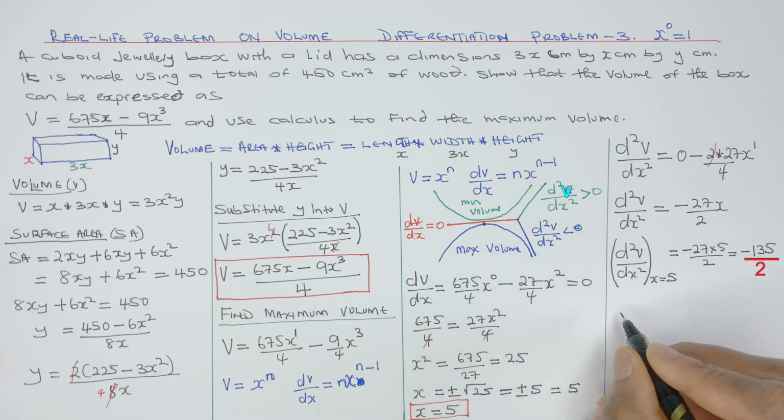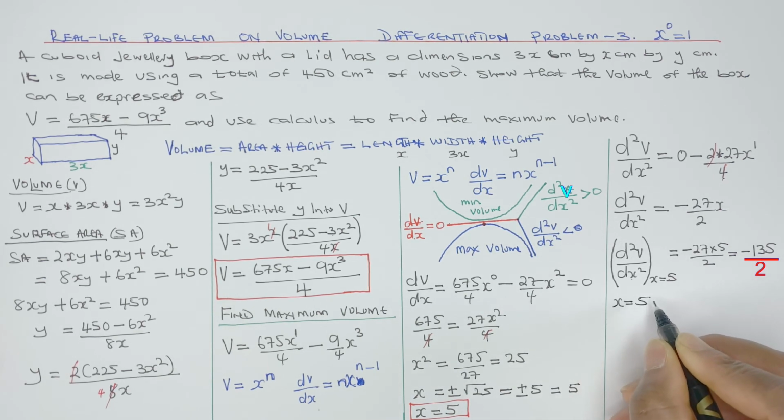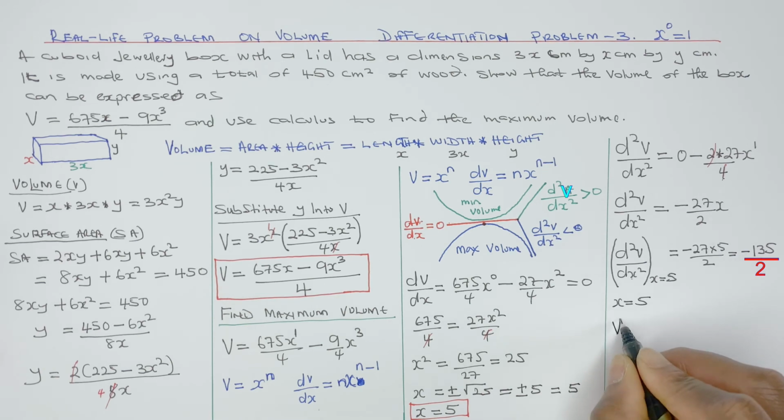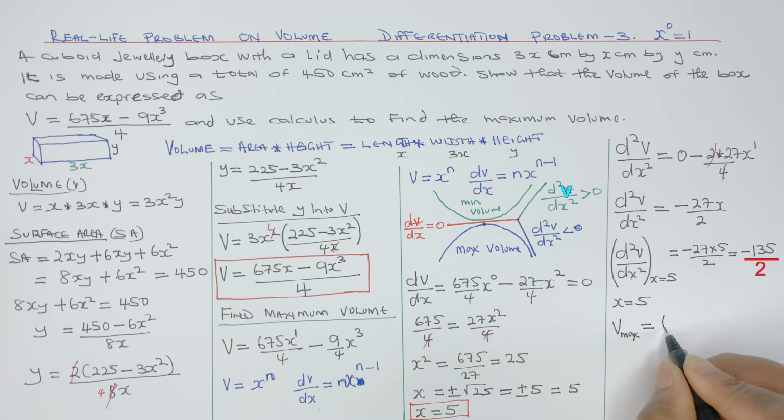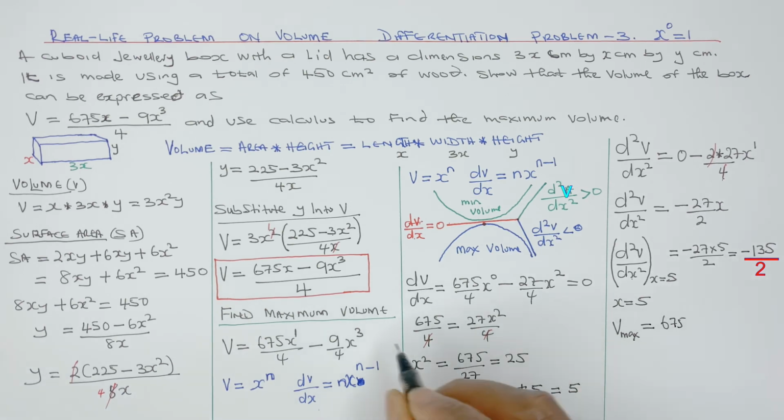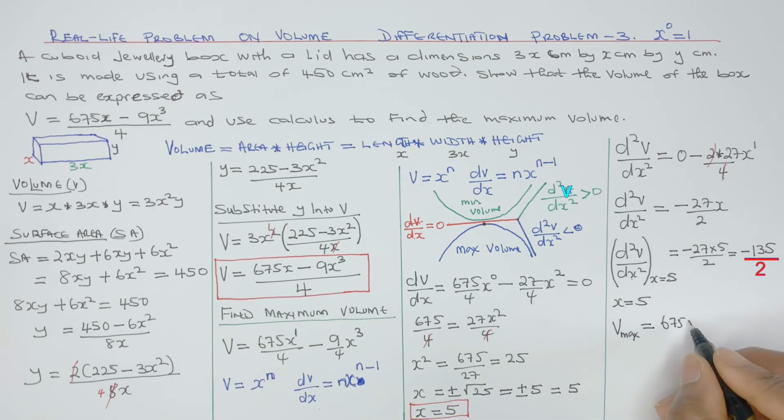If it was positive, it would be a minimum. So therefore, when x equals 5, the maximum volume will be equal to 675, that one here, multiplied by 5 minus 5 cubed over 4.